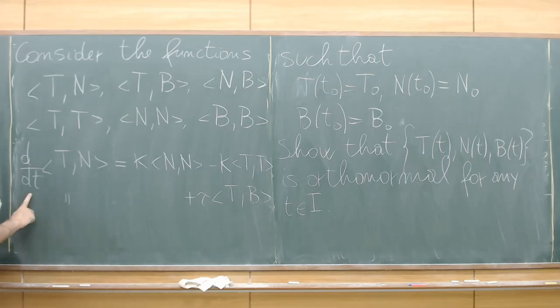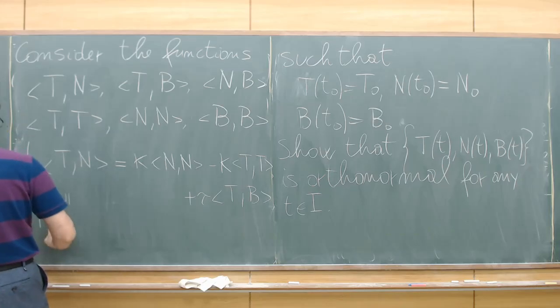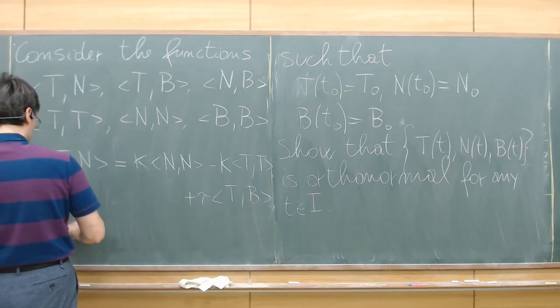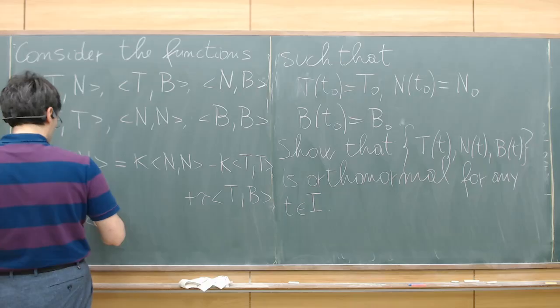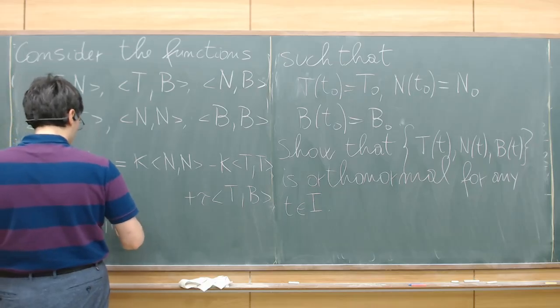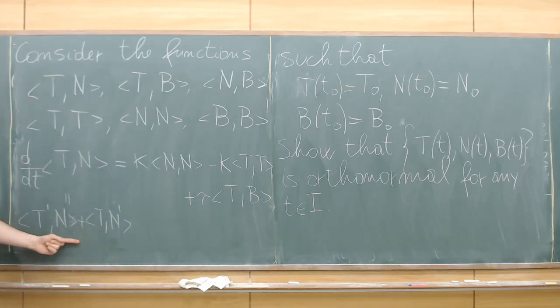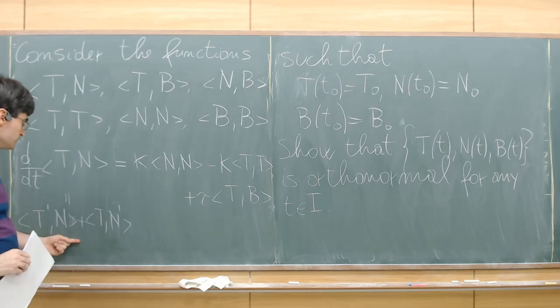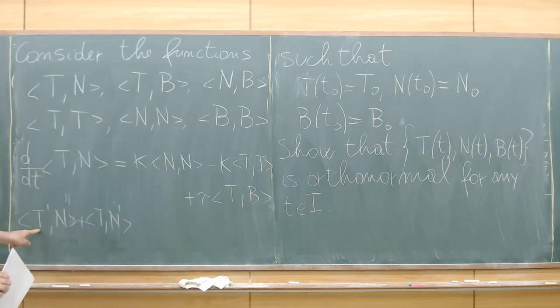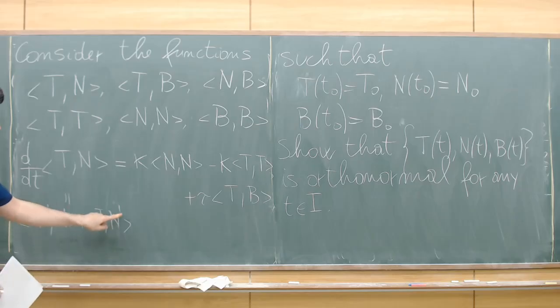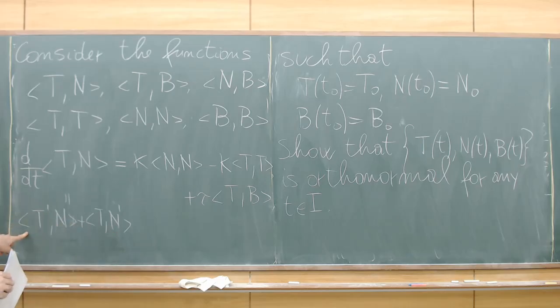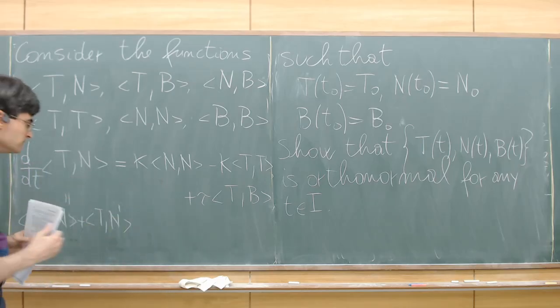First of all, you differentiate the left hand side and you get T prime N plus T N prime, and then you use the Frenet equations for getting a formula for T prime and a formula for N prime. You replace those formulas into this expression and you get this one.